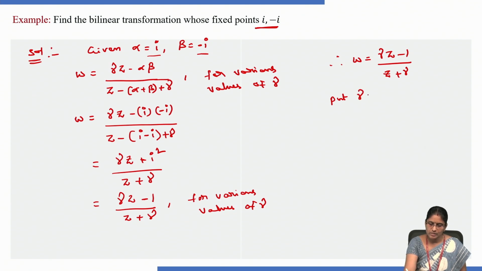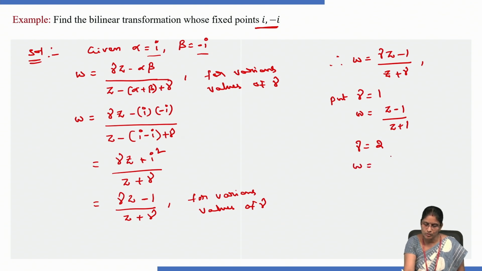Put gamma is 1, then w is equal to (z minus 1) by (z plus 1). Gamma is 2, w is equal to (2z minus 1) by (z plus 2). So like this we get the values. We can take gamma is equal to 0 also.